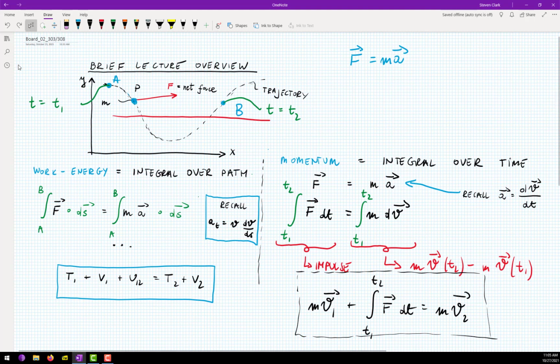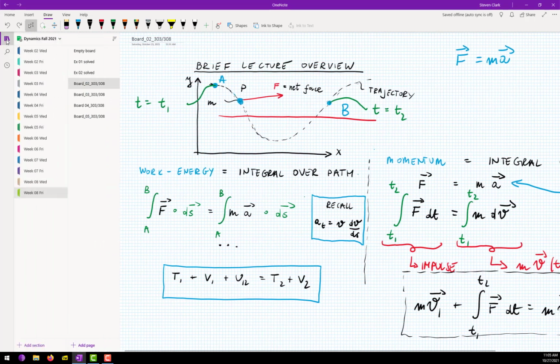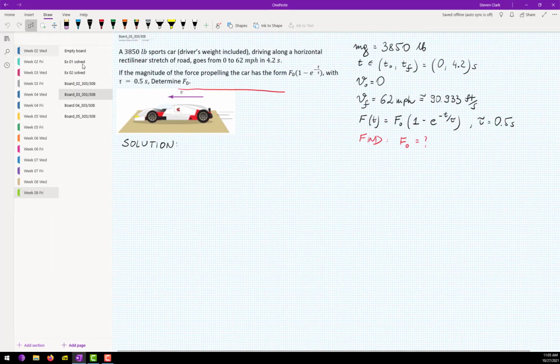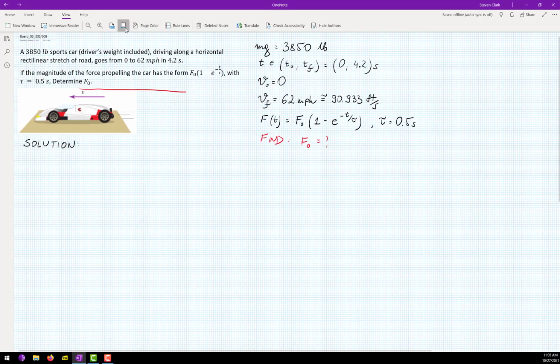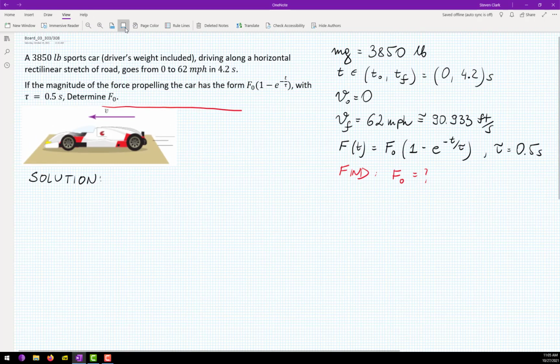So let's start example number 1. Please ignore that red line and familiarize yourself with the problem statement before we start our solution. So what do we have here?